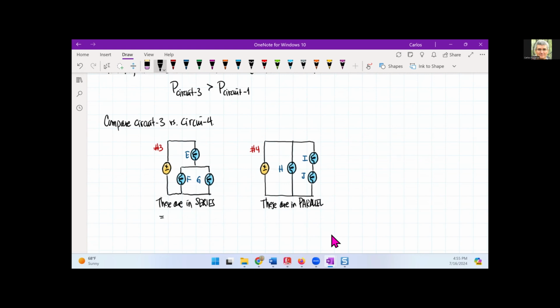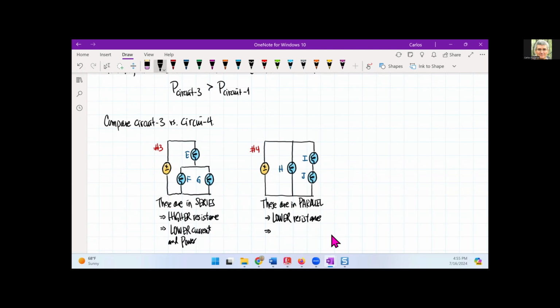That implies that this has a higher resistance, and this implies that it has a lower resistance. Therefore, it has a lower current and power.